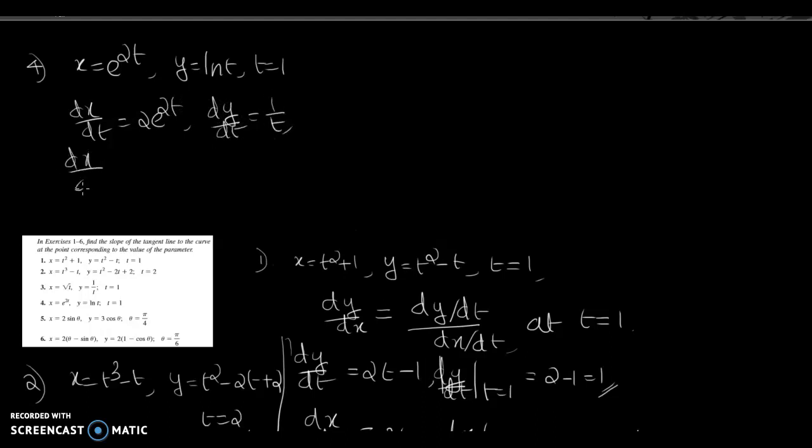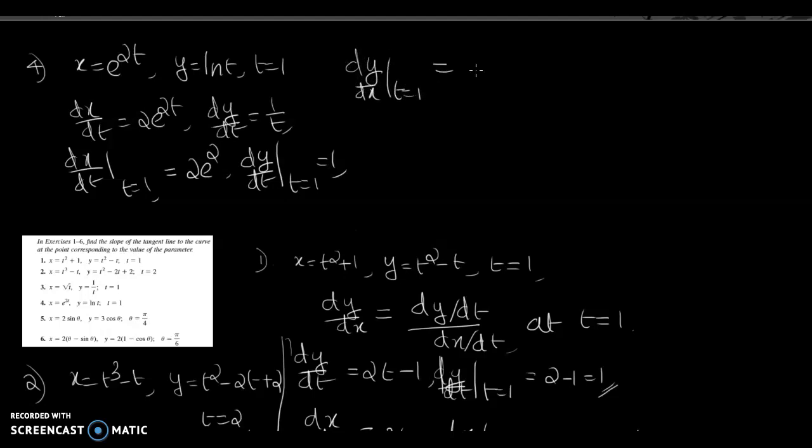At t equal to 1, dx by dt equals 2 e raised to 2, and dy by dt equals 1. So dy by dx at t equal to 1 equals 1 divided by 2 e raised to 2.